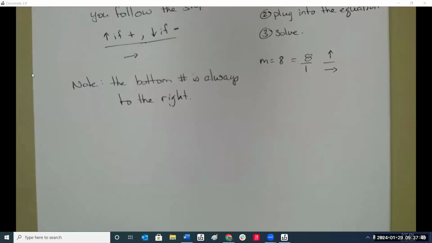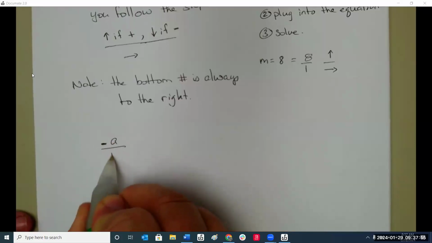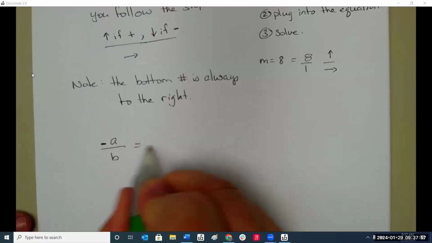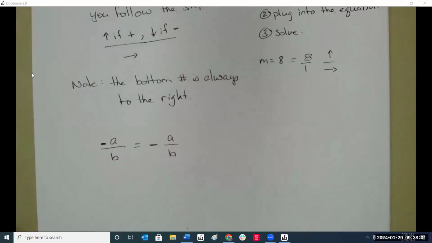Because in fractions, the negative can only be either in the top number or in front of the whole thing. The bottom number, the convention for mathematics is you never want the negative number to be on the bottom. Why is that?